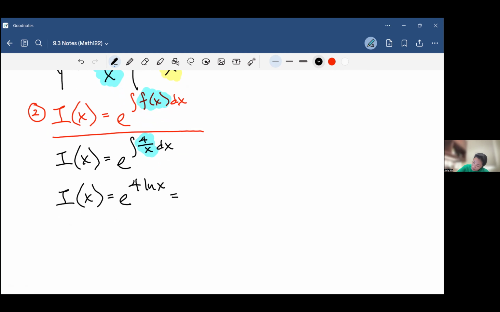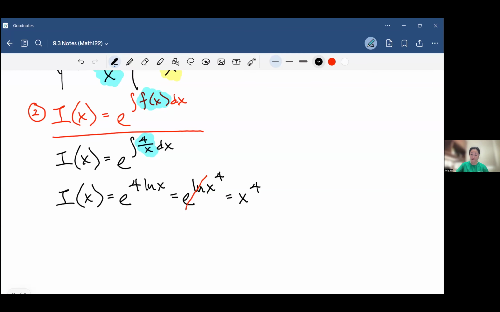In fact, we can write this as e to the natural log of x to the 4th. So this coefficient comes up as a power. And then this is really great because e and natural log cancel out, and we end up with just x to the 4th. All right, now what this means is our integrating factor is x to the 4th.